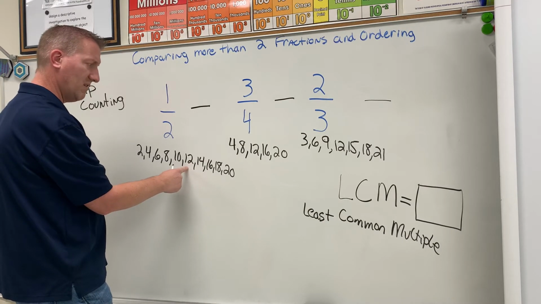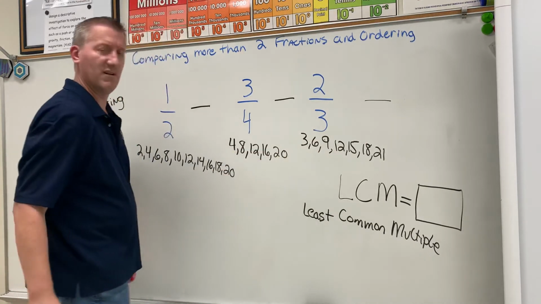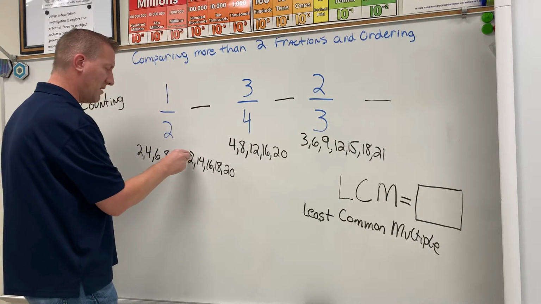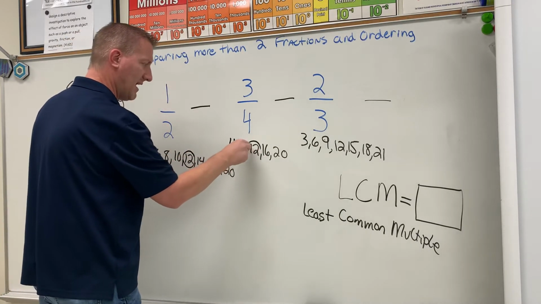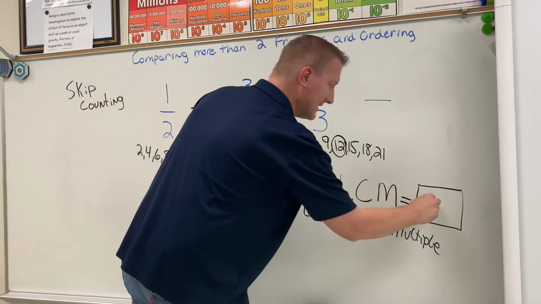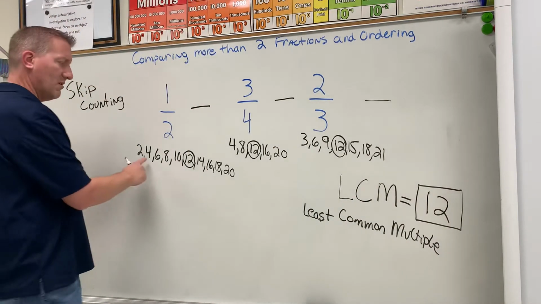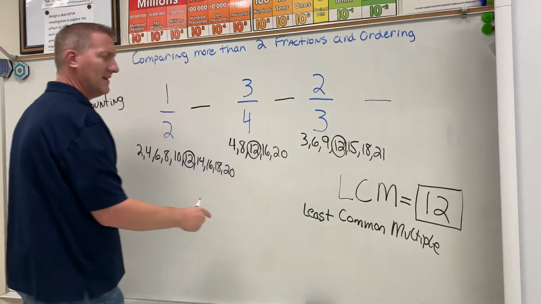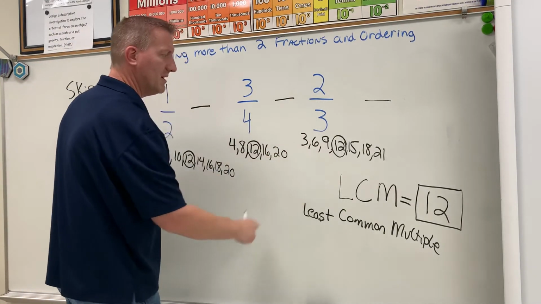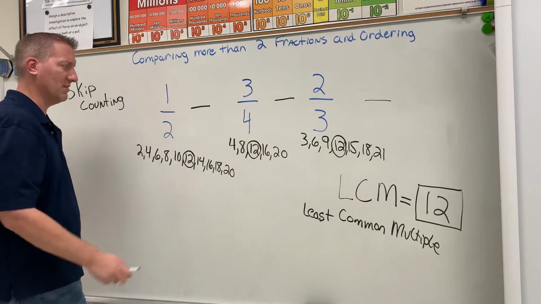This one has 12, this one has 12, and this one has 12. So they all have 12, and that's the smallest number they all have. So 12 is my least common multiple. So you have to skip count, and I suggest writing your skip count right underneath the number, and then you have to find which one is the least common multiple.